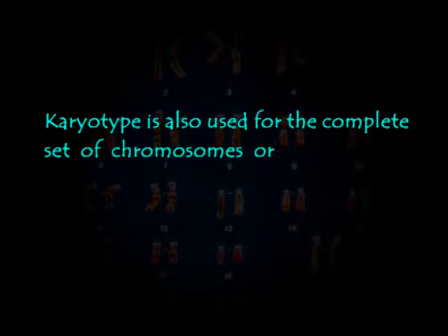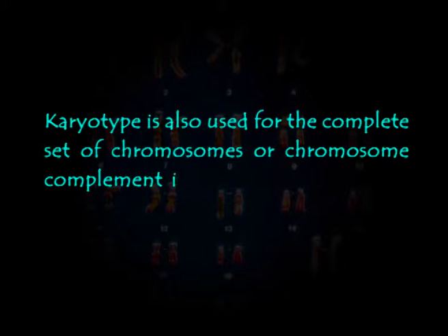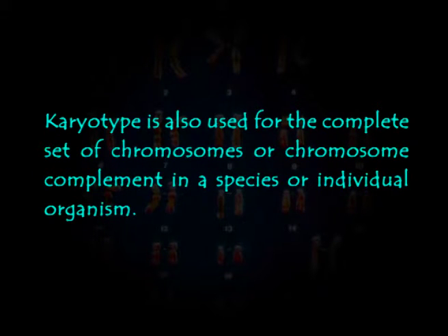The term karyotype is also used for the complete set of chromosome or chromosome complement in a species or an individual organism. Well, karyotype therefore refers to the complement of chromosomes either at species level or of individuals.